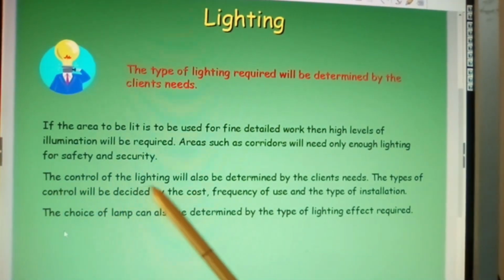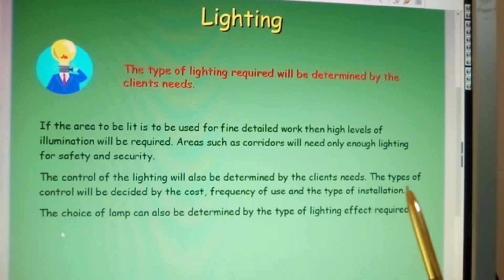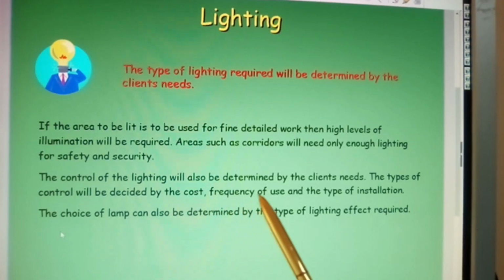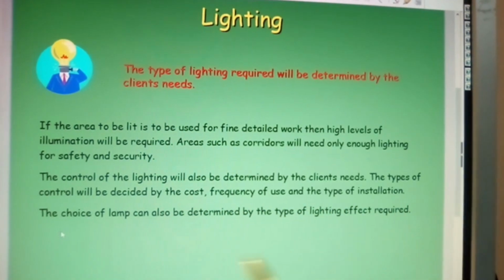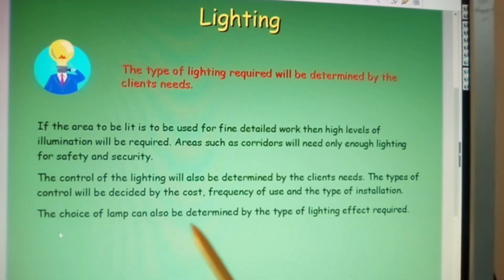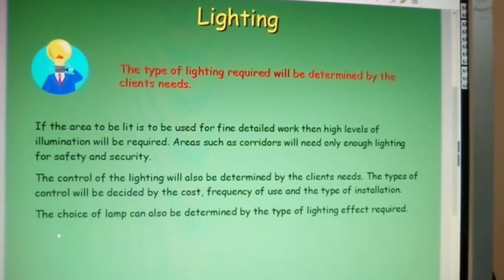The control of the lighting will also be determined by the client's needs. The types of control will be decided by the cost, frequency of use, and the type of installation. The choice of lamp or lamps can also be determined by the type of lighting effect required. Okay?